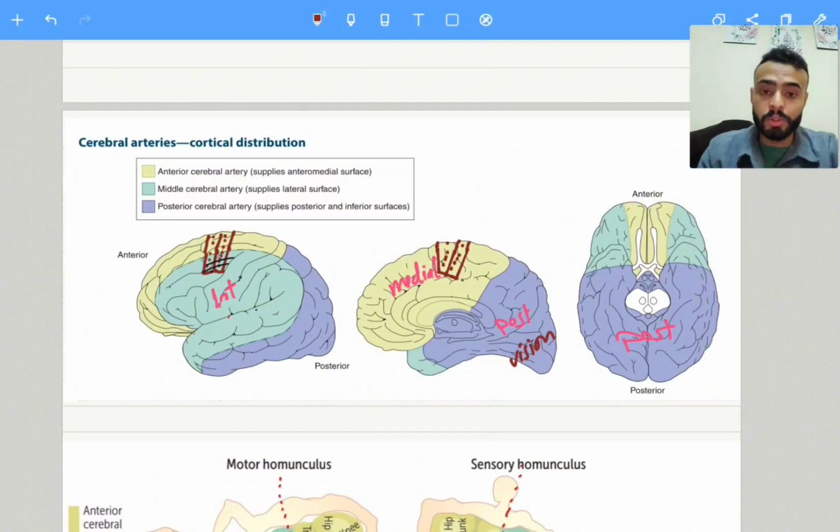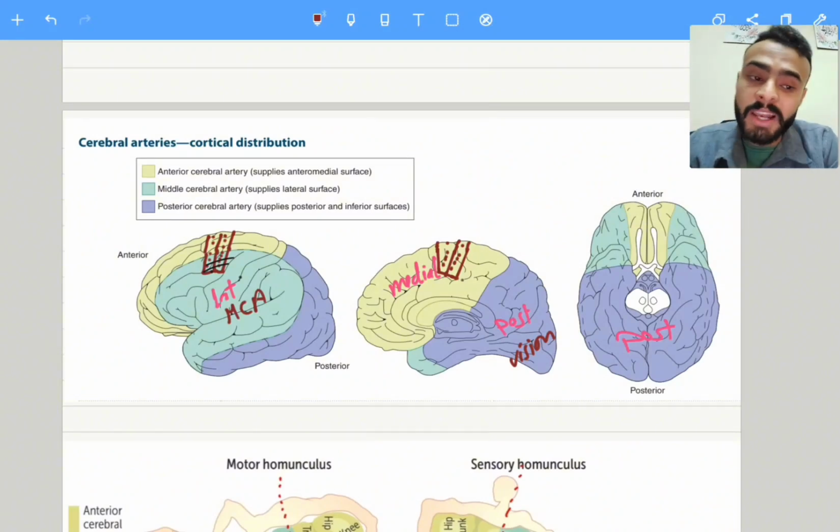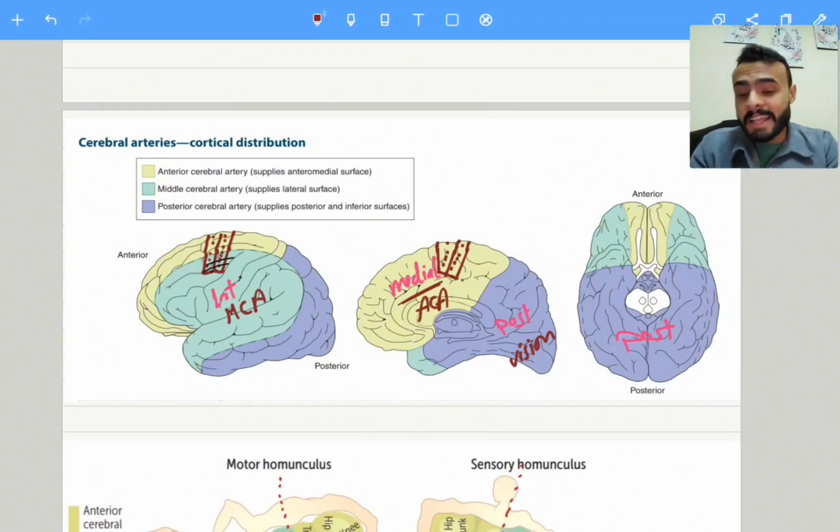Now, a brief introduction also for physiology. Our middle cerebral artery supplies our lateral brain, while our anterior cerebral artery supplies the medial brain. Either lateral or medial brain, there are two important areas, sensory area and motor area of the brain.